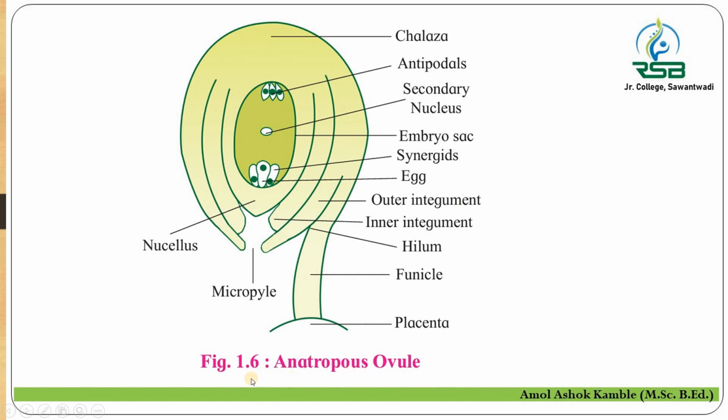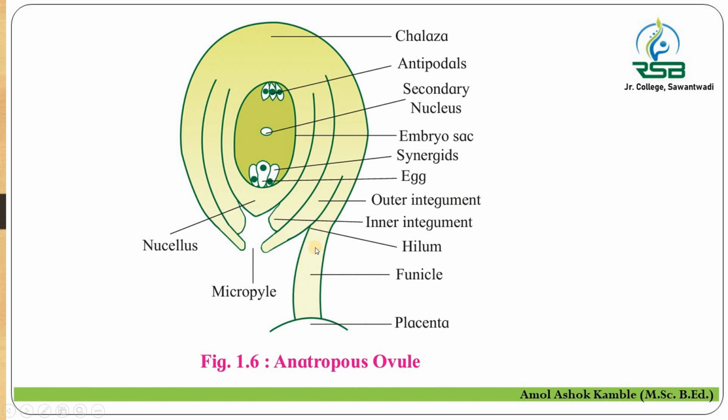So first of all, come across with the definition of anatropous ovule. What is anatropous ovule? ही डेफिनेशन नीट समजून घ्या. या ठिकाणी पार्टचं ओरिएंटेशन आहे हे अतिशय महत्वाचं आहे. What is anatropous ovule? An ovule with the bent axis. आता इथे आपल्याला हा एक्सिस दिसतो, हा बेंट झालेला आहे.